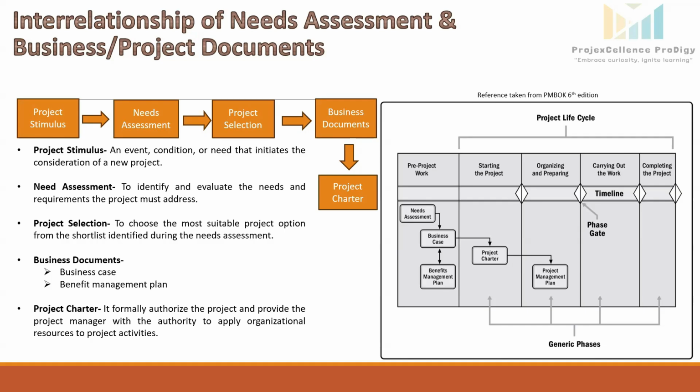Just suppose the government announces funding and incentives for setting up a renewable energy power plant project of 20 megawatt capacity to achieve its sustainability targets. So for the companies who are in the power and energy sector, this is a project trigger or project stimulus. So the next step would be needs assessment.